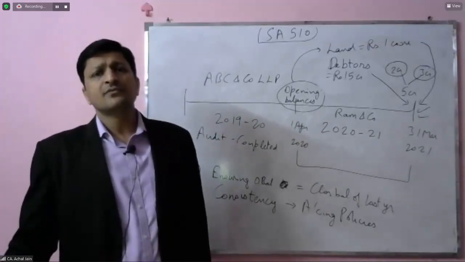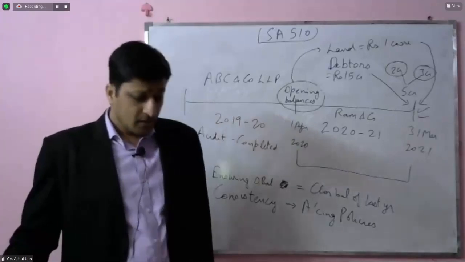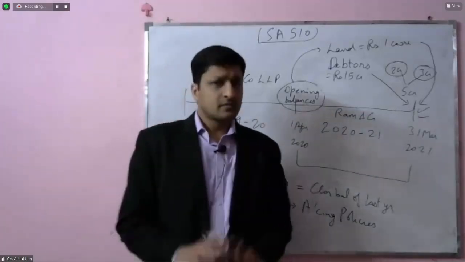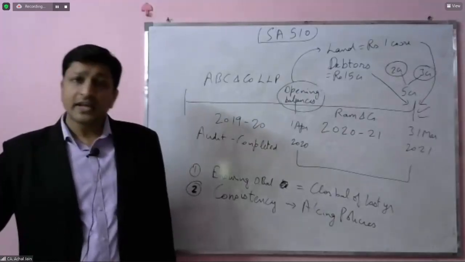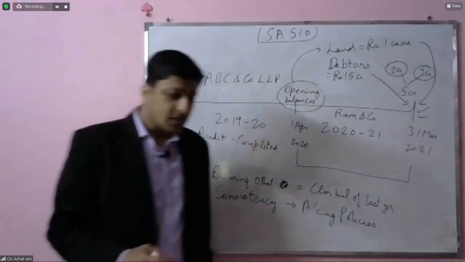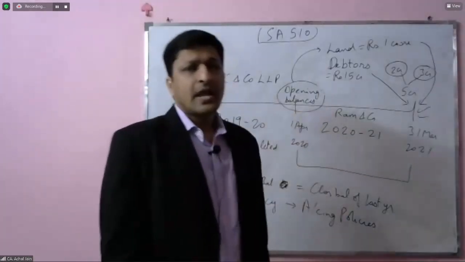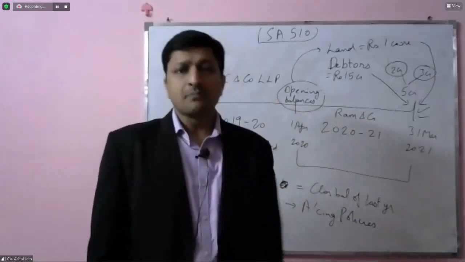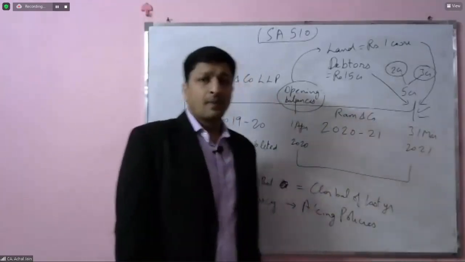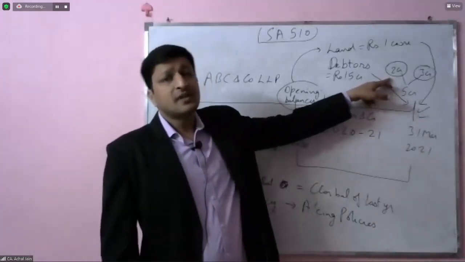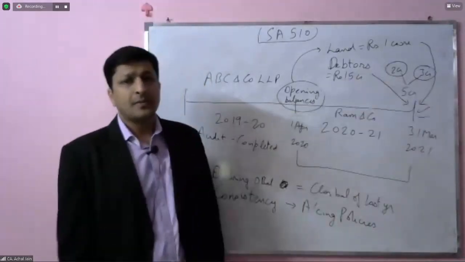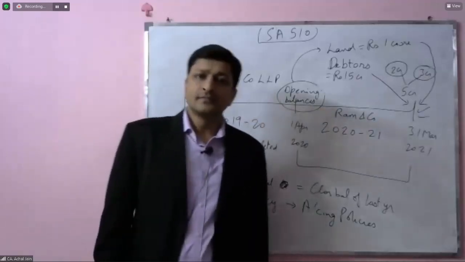So it's not something which will require the testing on 100% basis. That's not the requirement, and that's not really the intent. Testing would again be based on the judgment of the auditor and on a sample basis. But whenever this 2 crore will be there, this will require certain procedures on the part of the auditor. Okay.